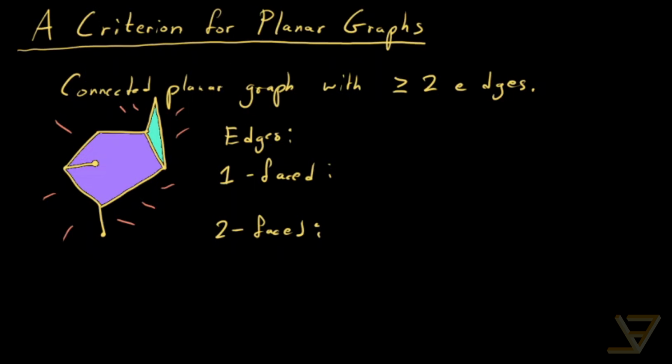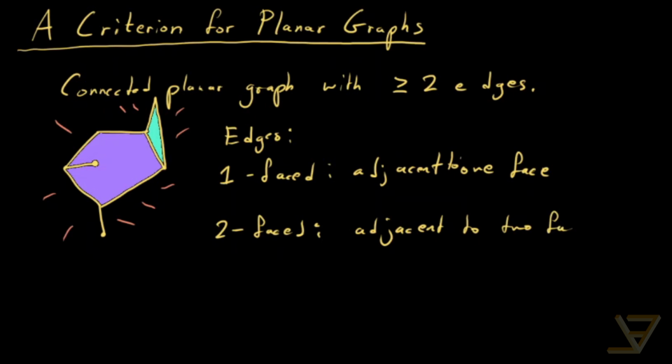An edge is one-faced if it's adjacent, so it touches one face. And it's two-faced if it's adjacent to 2 faces. So in this case, this edge is one-faced and this edge is one-faced, whereas all the other edges are two-faced.